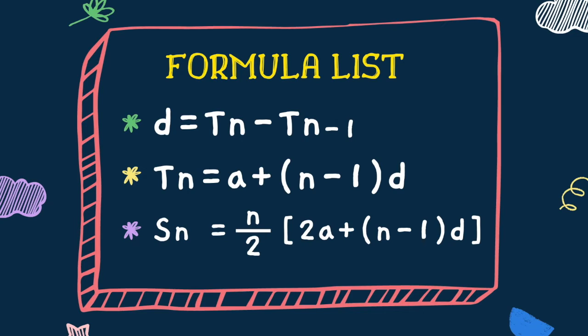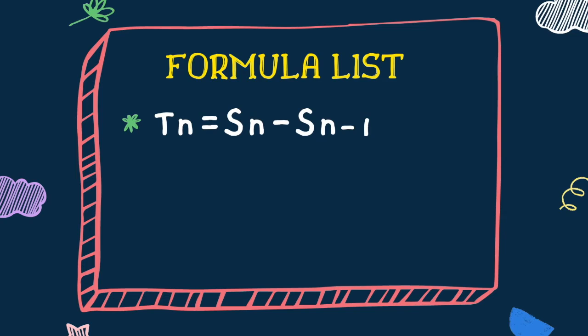In order to sum the n terms of an arithmetic series, we can use the formula Sn equal to n over 2 multiplied with 2a plus n minus 1 multiplied with d. Lastly, the relationship between the n term and the sum of the n terms is that Tn is equal to Sn minus Sn minus 1.